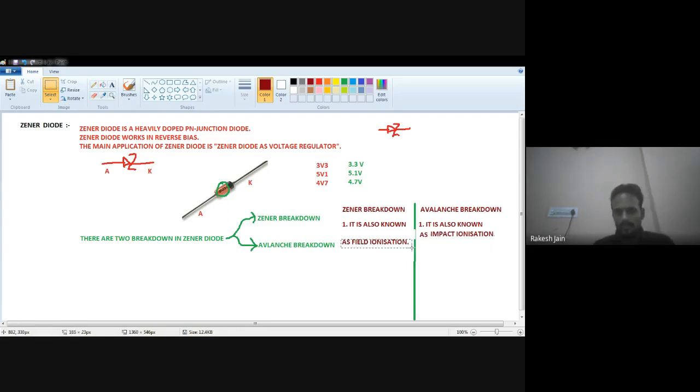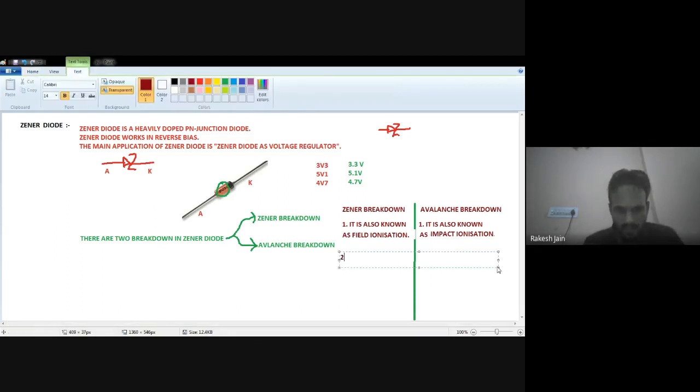And the second difference is which breakdown occurs first. Zener breakdown occurs first and Avalanche breakdown occurs next, after Zener.